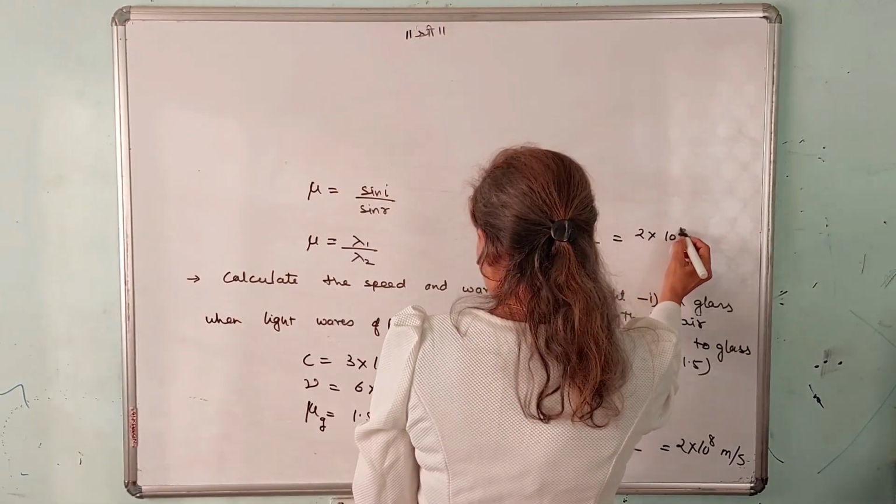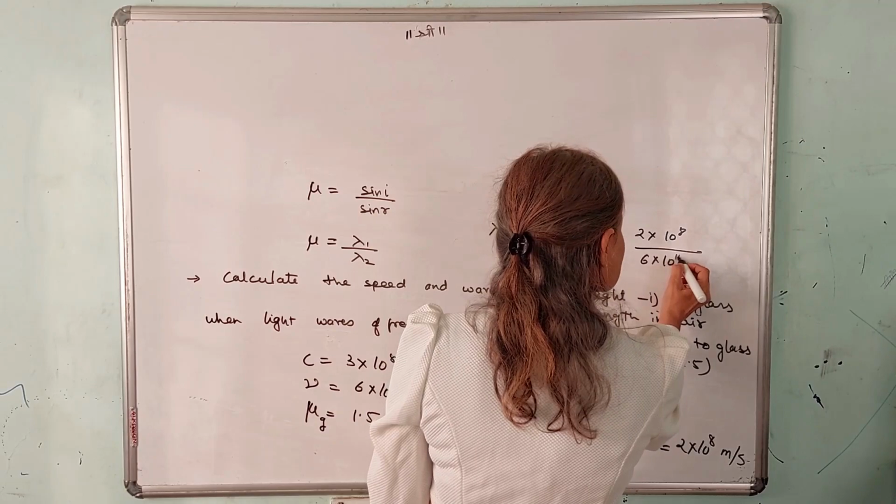So 2 into 10 raised to 8 divided by 6 into 10 raised to 14.